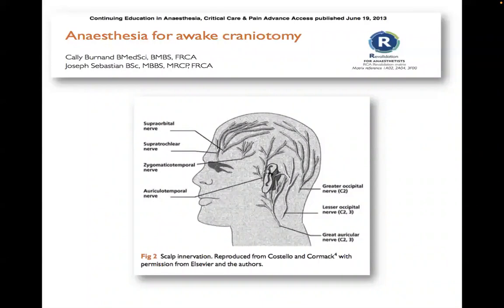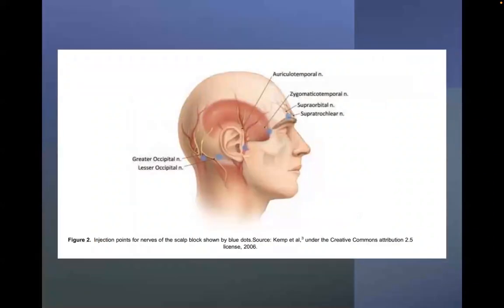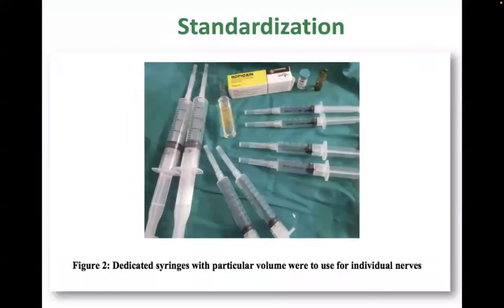And the posterior scalp is supplied by the greater occipital, lesser occipital, and greater auricular nerves, which are terminal branches of the cervical nerves. Just remember the nerves because you have to target them through the anatomical landmarks. These are the injection points which one can target as part of the scalp block regime.